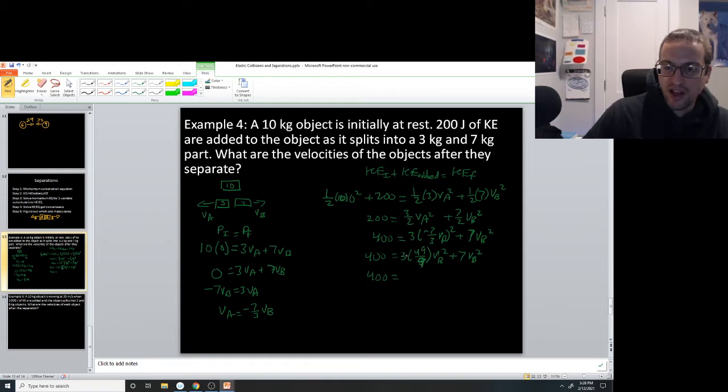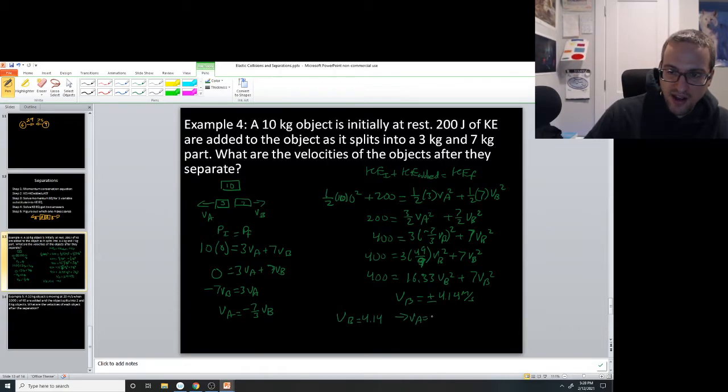It's going to be 3 when we cancel a 3 and a 9 when we factor that, but for now, it's a 9. This is going to be 16.33 VB squared plus 7 VB squared. You solve this, you're going to get VB equals plus or minus 4.14 meters per second. So let's say VB equals 4.14.